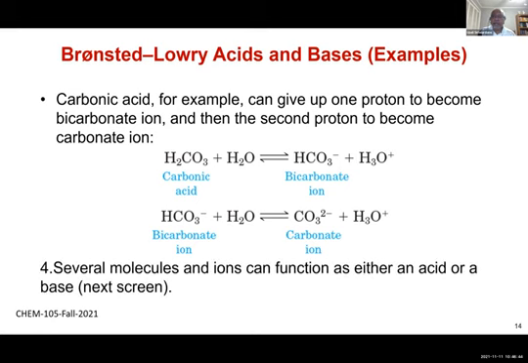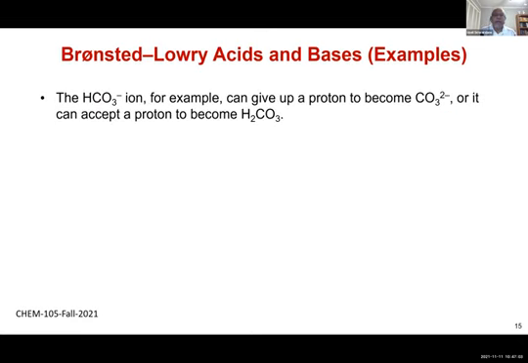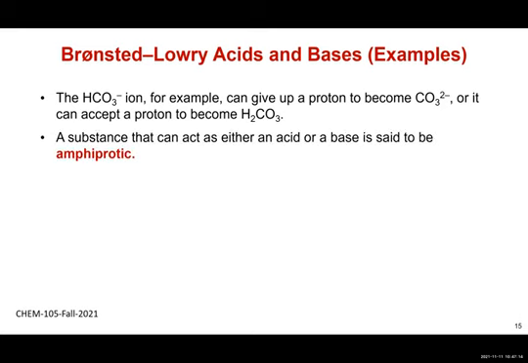Several molecules and ions can function as either an acid or a base. Bicarbonate ion, for example, can give up a proton to become carbonate, or it can accept a proton to become carbonic acid. So bicarbonate can go either way, acting as an acid or a base. A substance that can act as either an acid or a base is called amphiprotic.